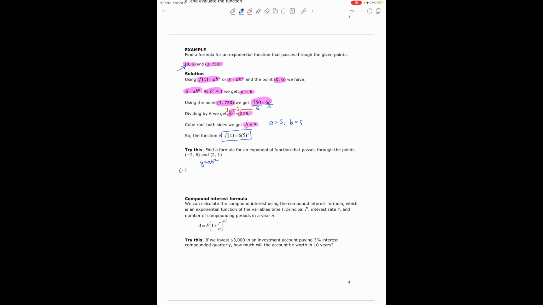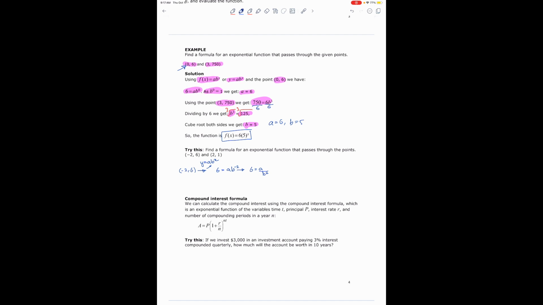If we plug it into this function, we end up with 6 equals a times b to the -2 power. We can convert that into 6 equals a over b to the second power. So that is our first equation.